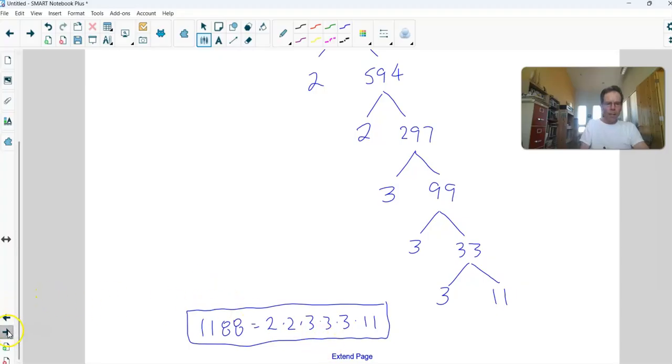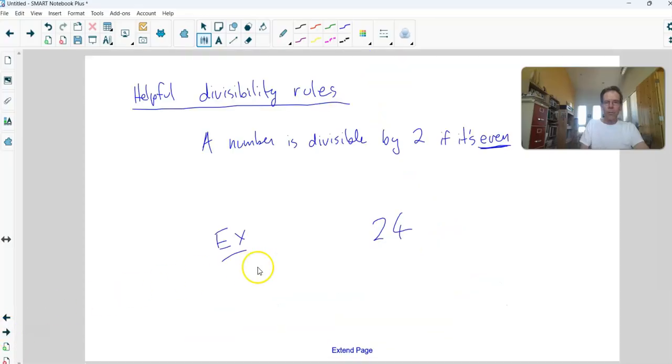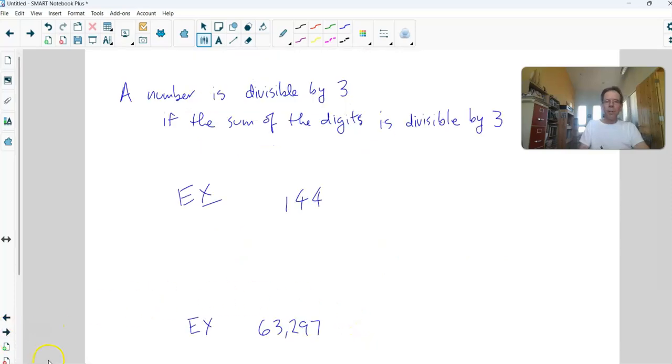Just a quick word about divisibility. If you're doing this by hand, it's nice to know the divisibility rules. A number is divisible by 2 if it's an even number. So 24, that's an even number. If you divide by 2, you get a number that has no remainder. It divides in evenly. Divisibility by 3: if the sum of the digits is divisible by 3, then the number is divisible by 3.